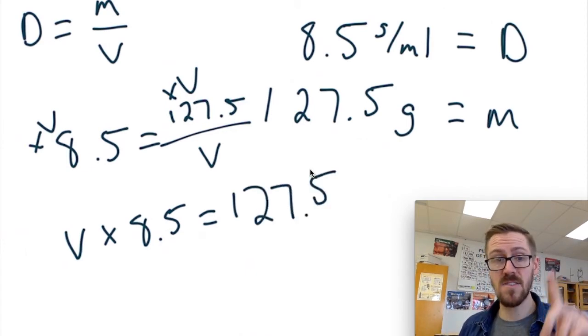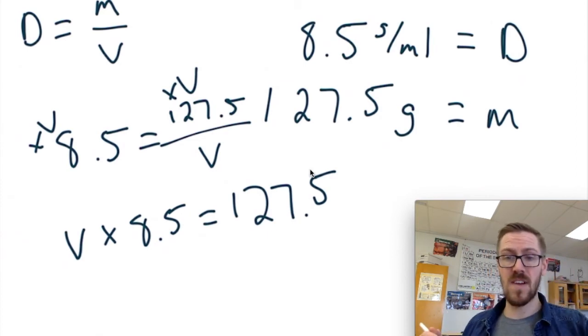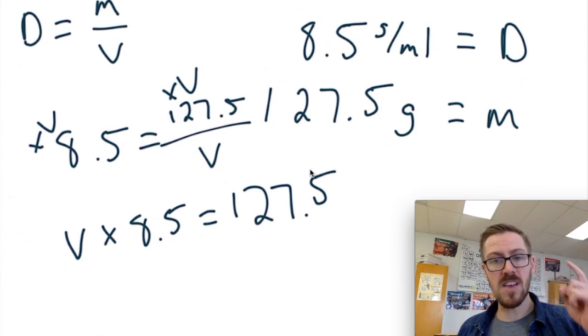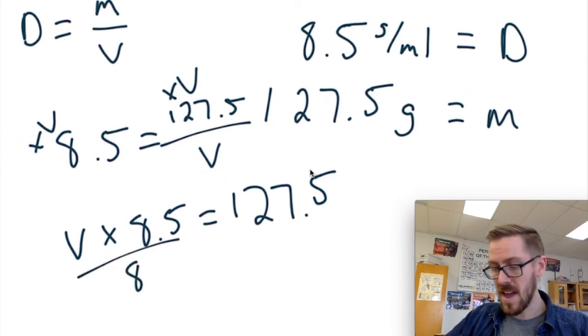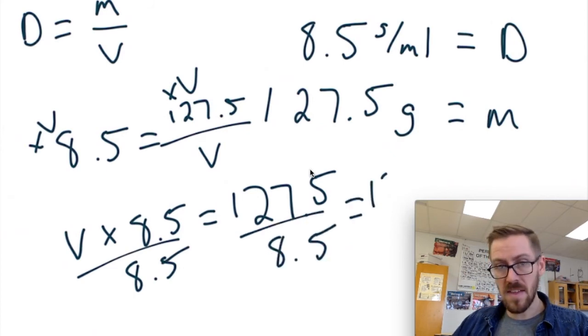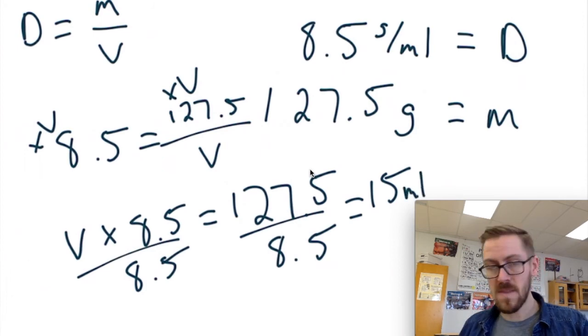So the first thing I had to do is get the v off the bottom of the fraction. I can't leave it there because then I'm solving for 1 over v, which that's not how math works. Now I can divide both sides by 8.5 divided by 8.5. That equals 15 milliliters.